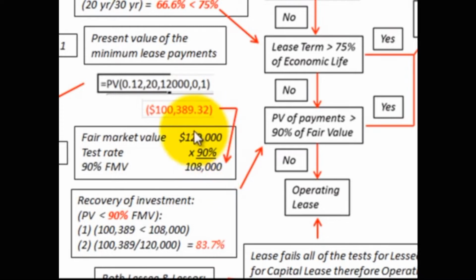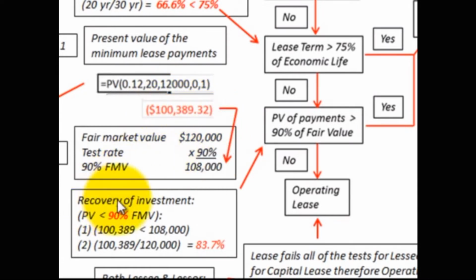So our fair market value here of the leased asset at the beginning of the lease was $120,000. Our test rate being 90% here, so 90% of the $120,000 gives us $108,000 here. That would be 90% here of the fair market value of that leased asset. Now we would compare that to the present value of those minimum lease payments here of $100,389.